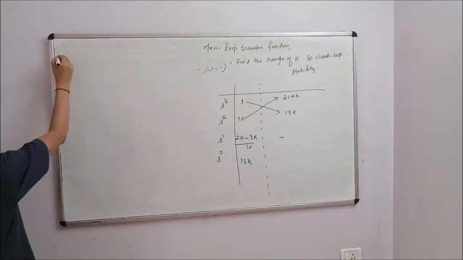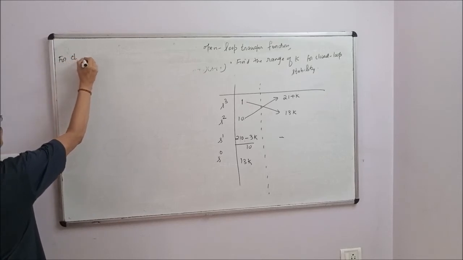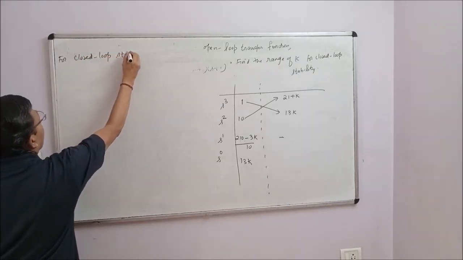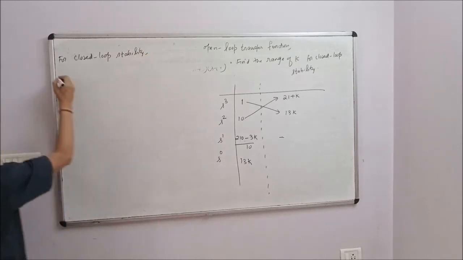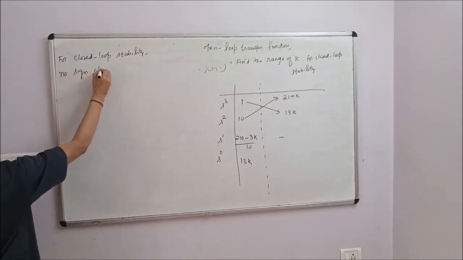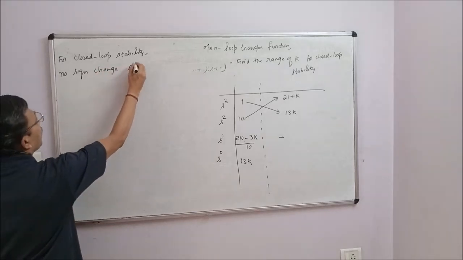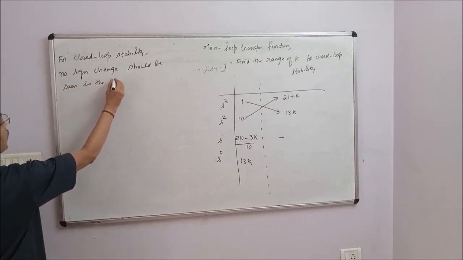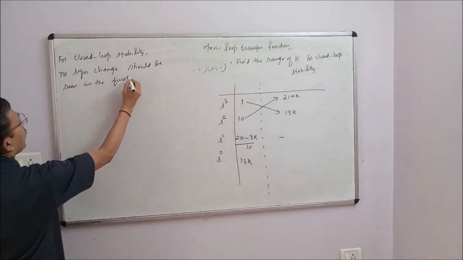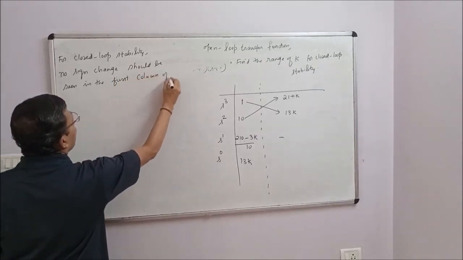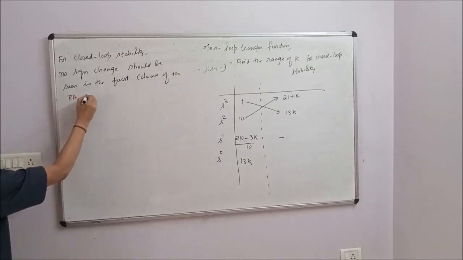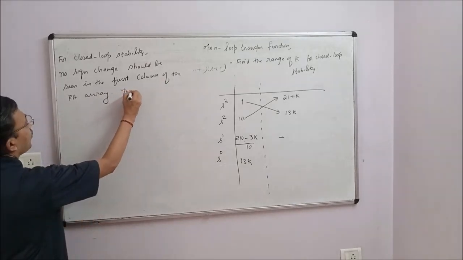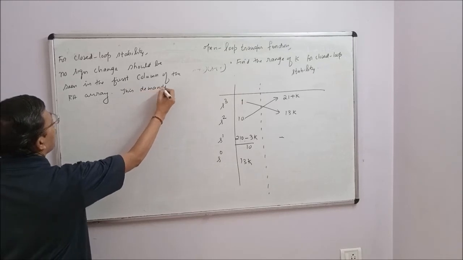For closed loop stability, no sign change should be seen in the first column of the Routh array.